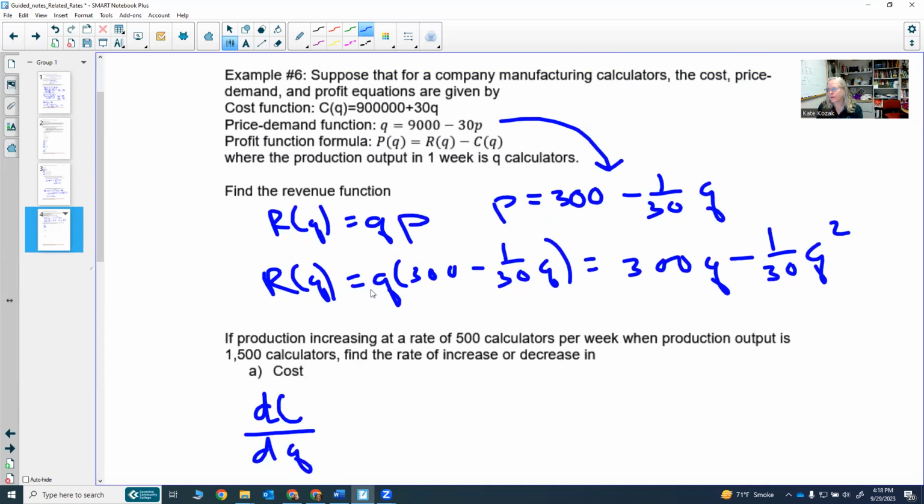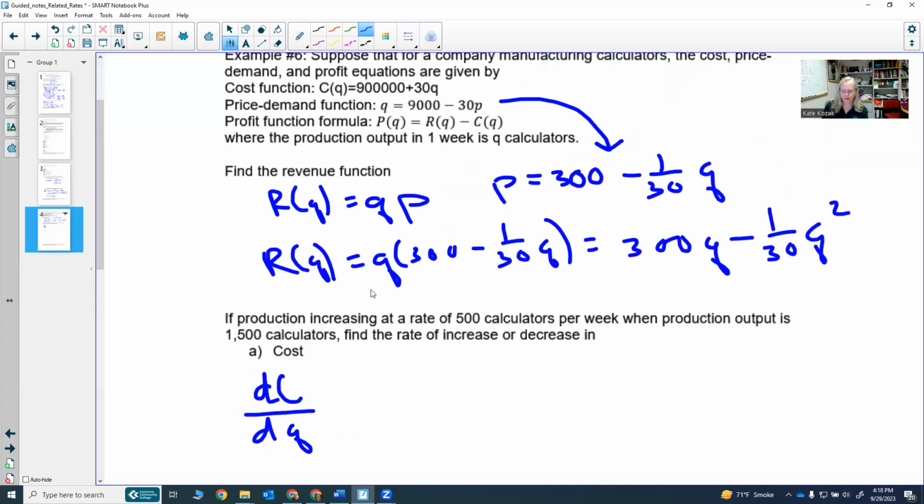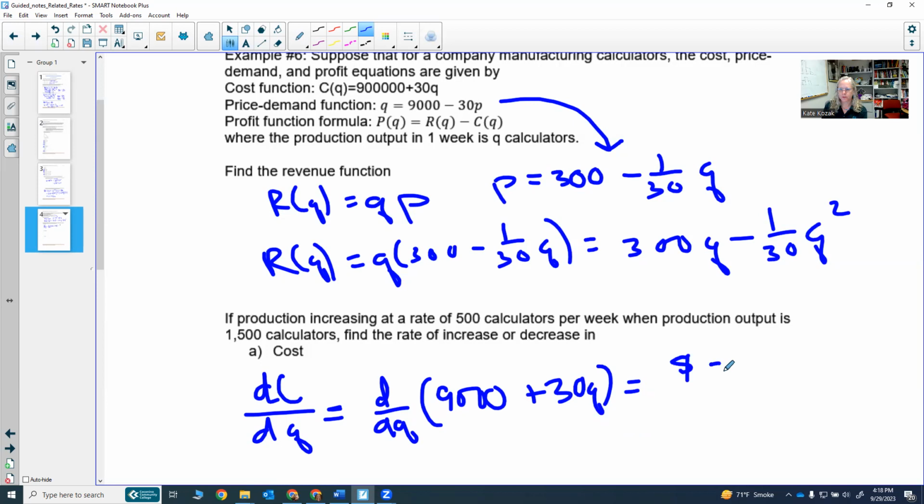And we can see that that's going to be taking the derivative with respect to Q of the cost function, which was 9,000 plus 30Q. So that's going to equal $30 per calculator.